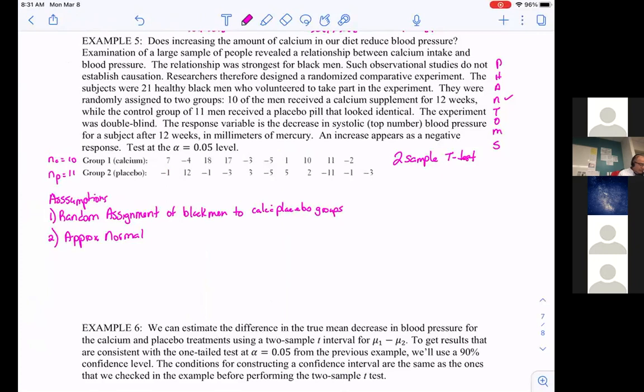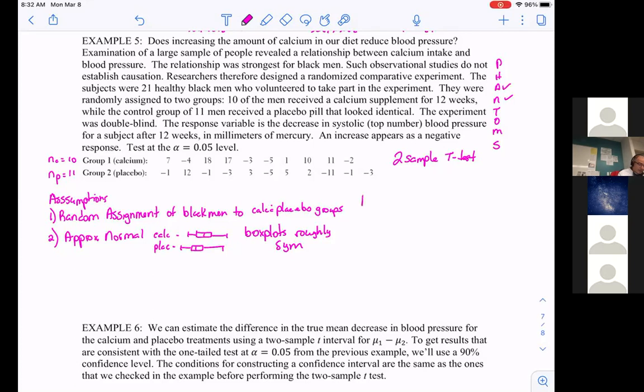So we have a calcium box plot and a placebo box plot. Box plots roughly symmetric. All right, so our assumptions have been met.